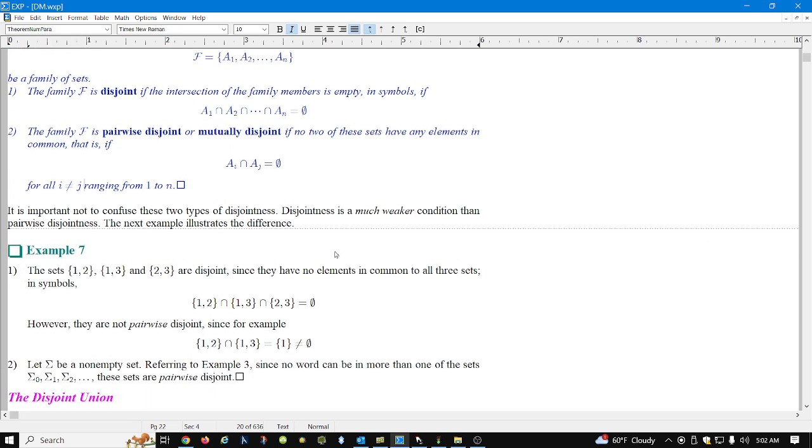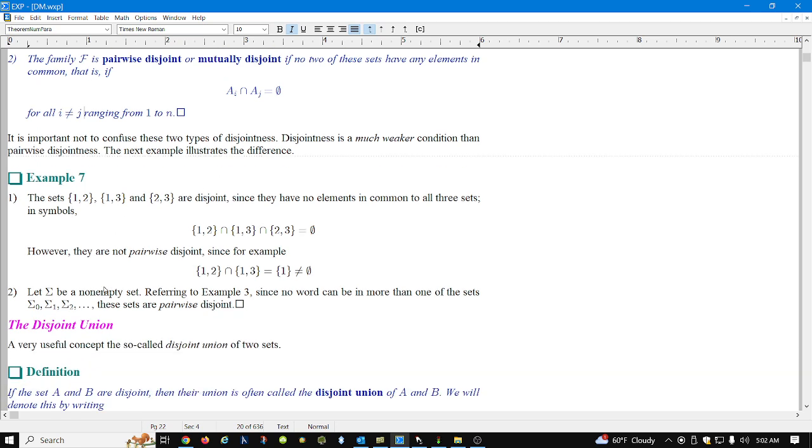Now, it's critically important to understand the difference between these two. Disjointness is much weaker than pairwise disjointness. It's much harder for a family of sets to qualify as being pairwise disjoint. And here is a simple example. Let's take these three sets.